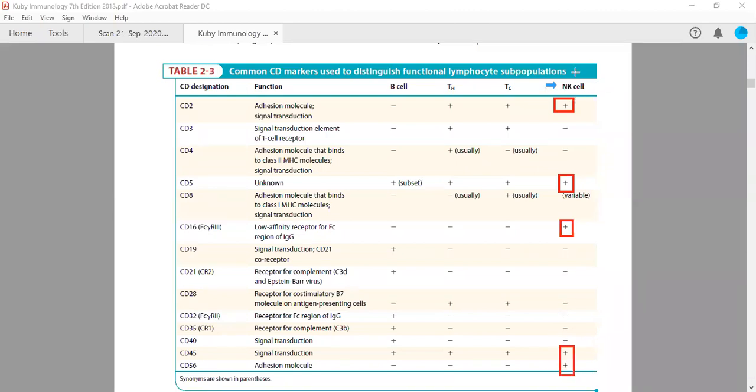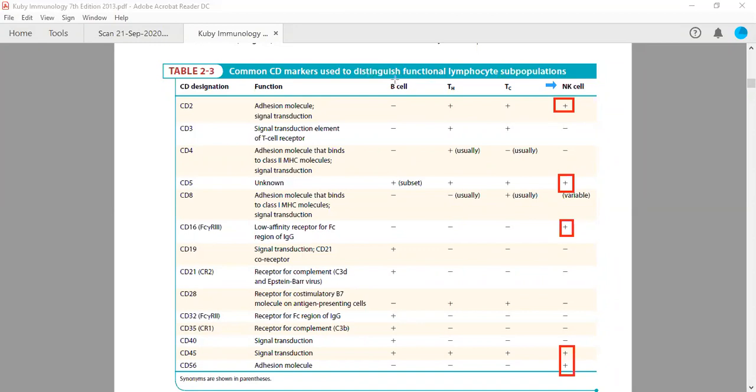Because natural killer cells are part of innate immune response, sometimes the question has been asked which of the following are CD markers present over natural killer cells, because we know they do not have any receptors specific for any antigen, but they do have CD markers by which we can differentiate them from B and T cells. But we know these are lymphocytes, right?